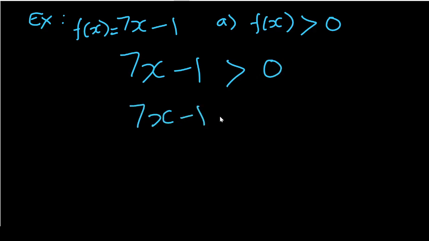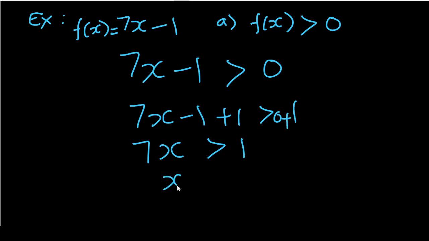Adding 1 both sides, this becomes 7x greater than 1. Taking 7 to the right hand side, cross multiplying, it comes in the denominator, so x greater than 1 by 7.